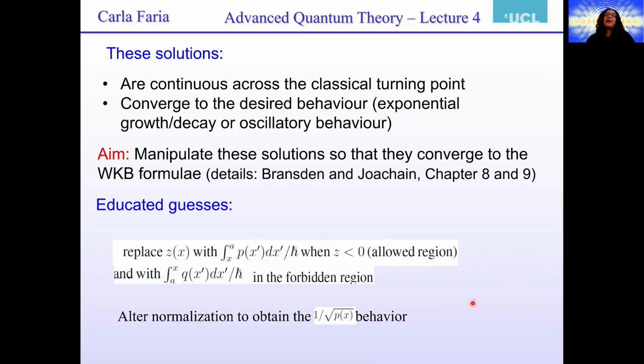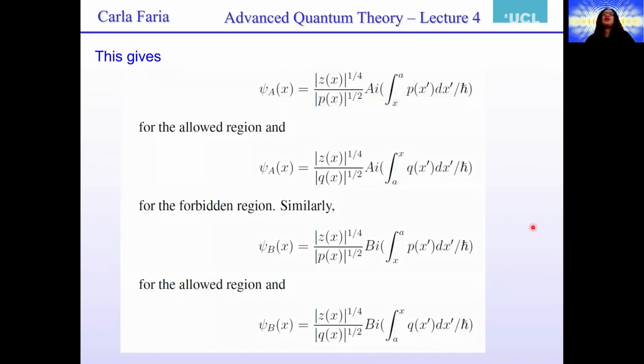Okay, and then we need to alter the normalization to obtain this kind of behavior. Can be done rigorously. I'm just going to put the result, but I want you to understand that you can also make some educated guesses and you can get the results as well. So the expressions look more or less like this.